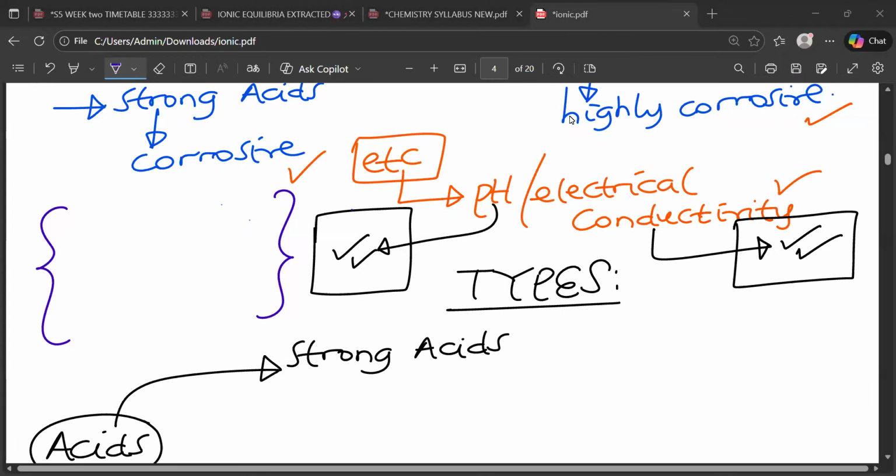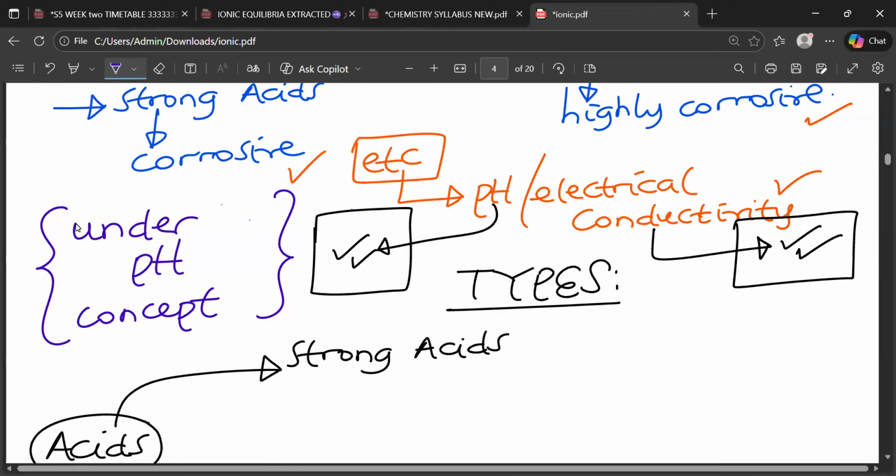I said we shall cover them later when we reach pH. Exactly. For pH, we shall cover it under the pH concept. That's what I said. Then I told you that for electrolytic conductivity, we shall cover them when we reach the topic called electrochemistry.